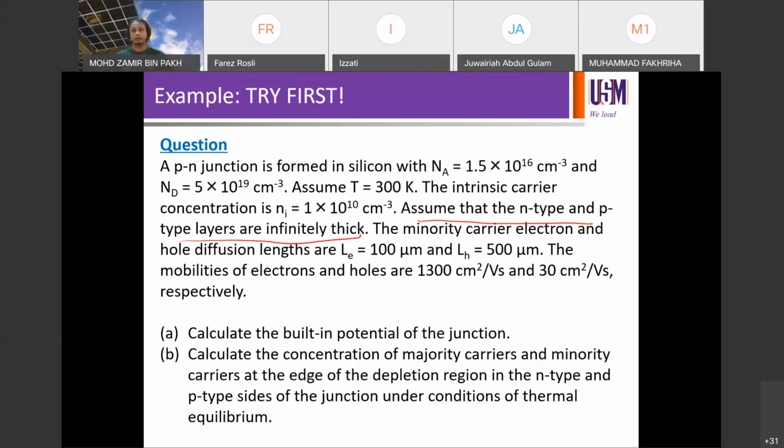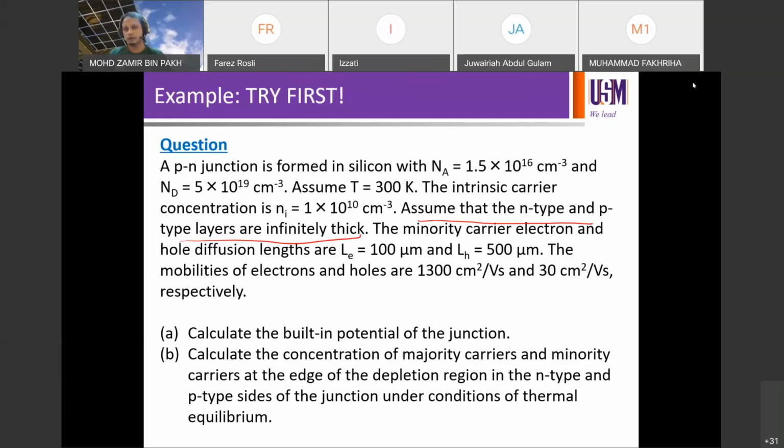Minority carrier diffusion lengths are LE 100 micron, LH 500 micron. Mobilities of electrons and holes are 1300 centimeters squared per volt second for electrons and 30 centimeters squared per volt second for holes. So question number 1, calculate the built-in potential of the junction.